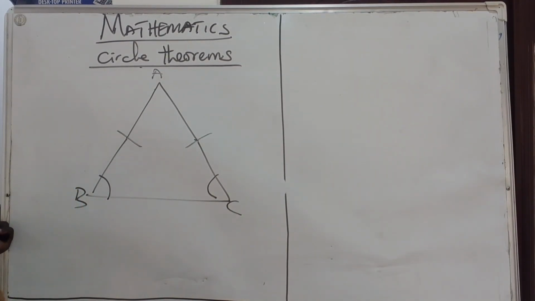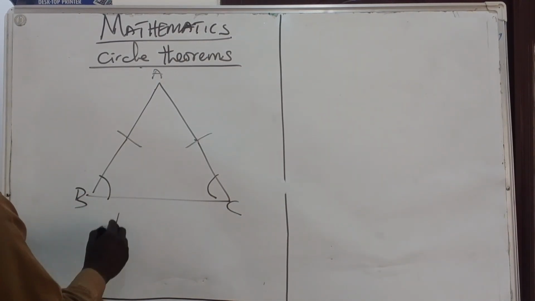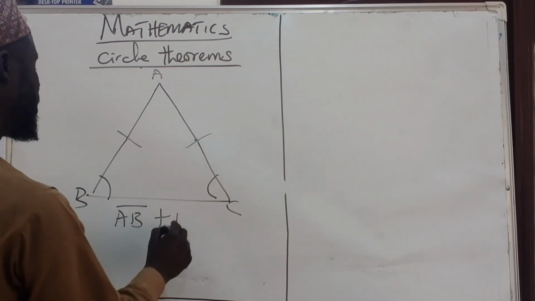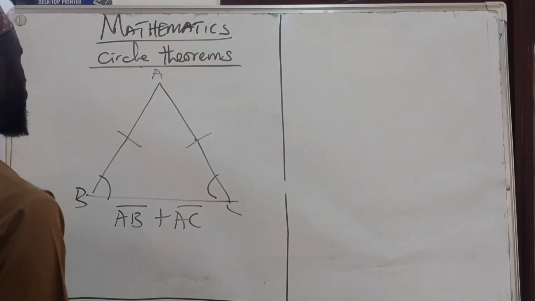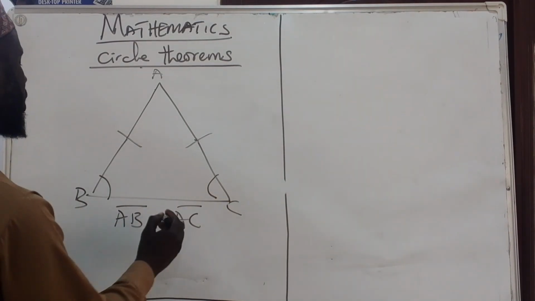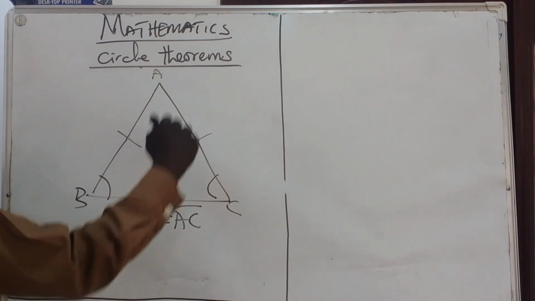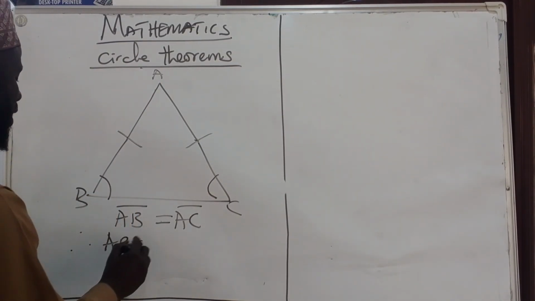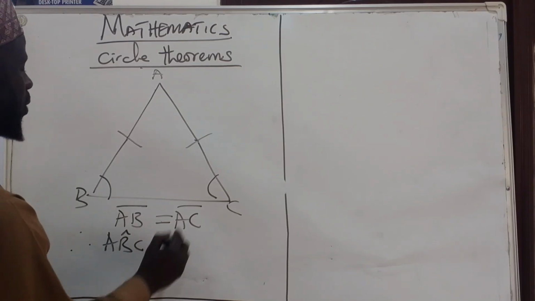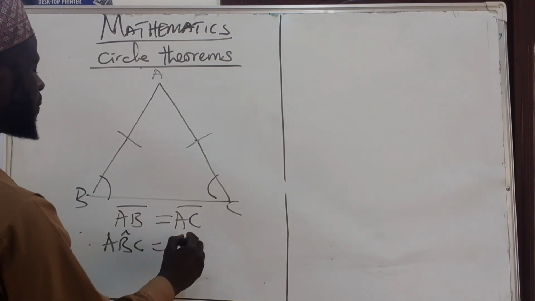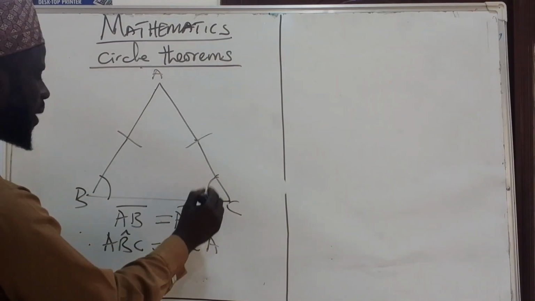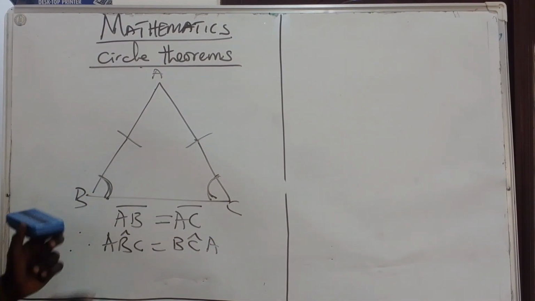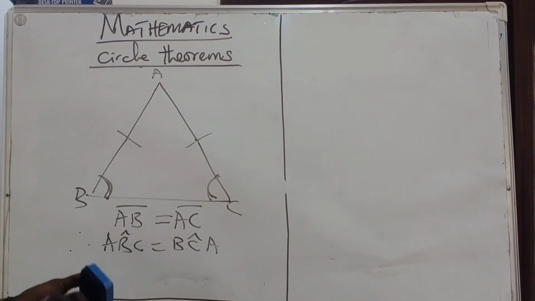If it is an isosceles triangle, the line AB is equal to the line AC. And therefore, the angle ABC is equal to the angle BCA, meaning the base angles of an isosceles triangle are equal because the two lines here are equal.